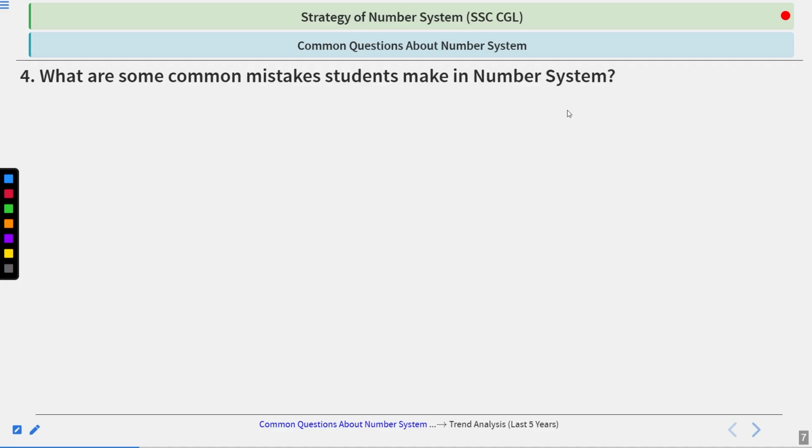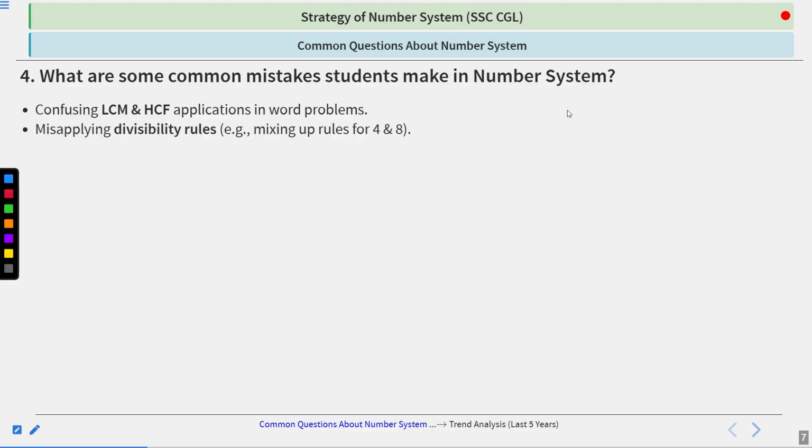Next one is, what are some common mistakes students make in number system? First one is confusing between LCM and HCF in word problems. Second, misapplying divisibility rules, mixing up rules, for example the 4 and 8 rules. Ignoring unit digit cyclicity, for example in remainder problems, students many times ignore the cyclicity of the unit digit.